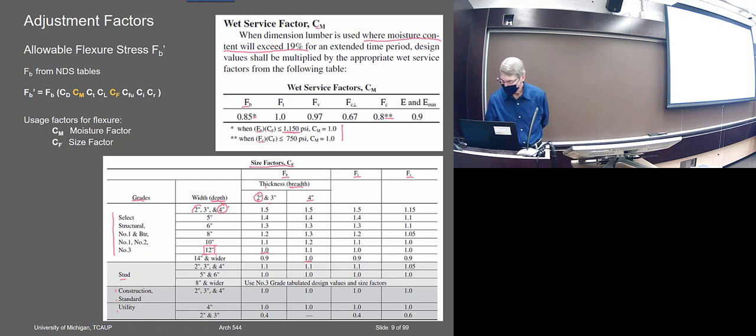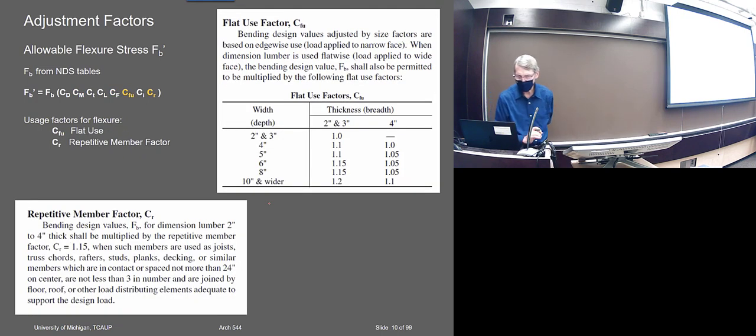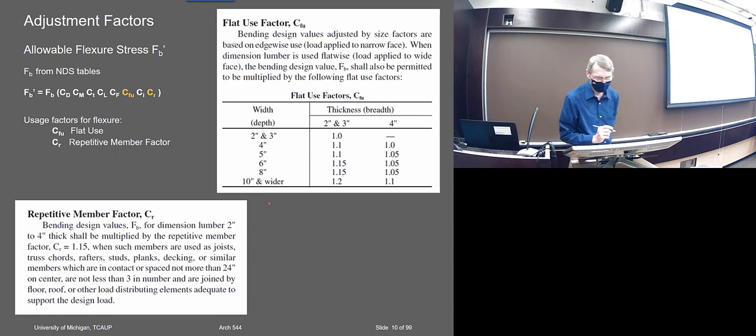Okay. And then what do we got left? These are also in the supplement. Flat use factor, that's where it's used flat and would be very stable, so they give you a little bit of a benefit for that.